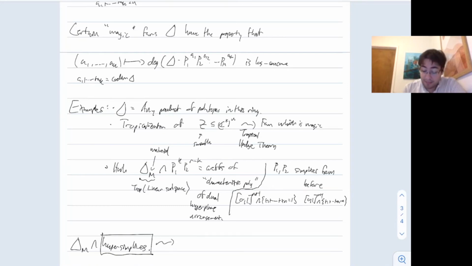Now, what are hypersimplices? So hypersimplices are a very silly generalization of these two things, where you take the cube and you intersect it with a different slice. The sum equals i, and this is called the ith hypersimplex.